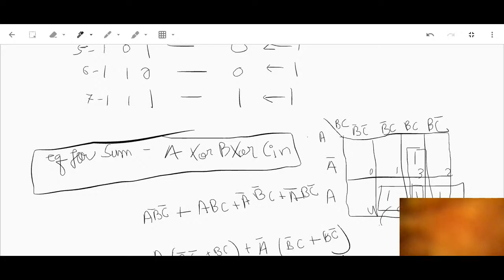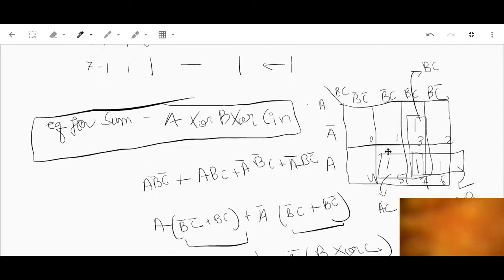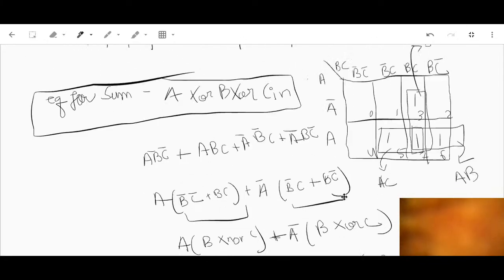So here the common will be A and C, AC, and in this box we find the common as A and B, and here the common will be B and C, B times C. Okay, so this is for carry, and we have to find the equation for that.